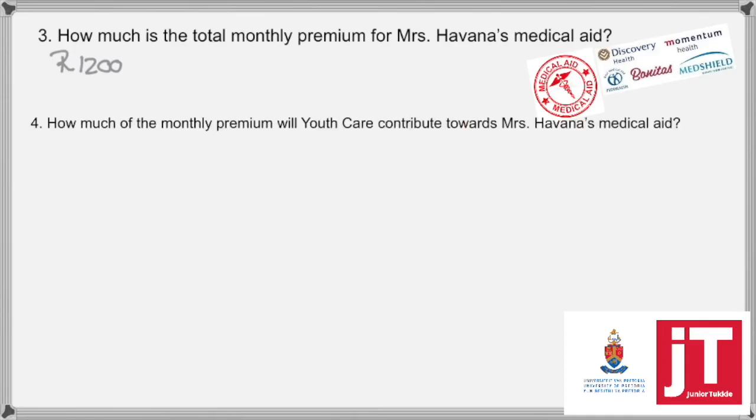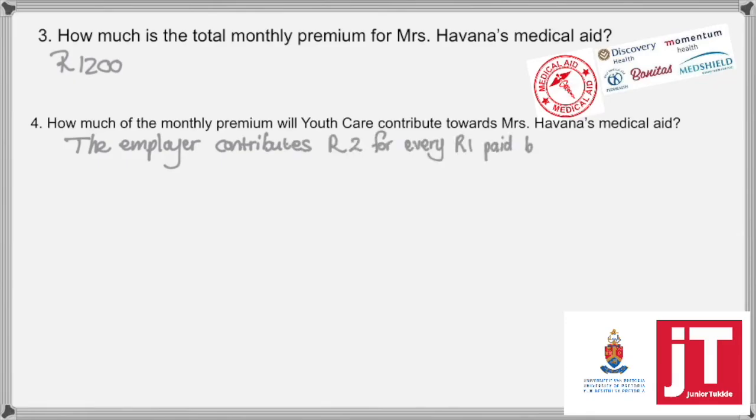So number 4, how much of the monthly premium will Youth Care contribute towards Mrs. Havana's medical aid? Now they say as a salary benefit, the employer contributes 2 Rand for every 1 Rand paid by the employee.